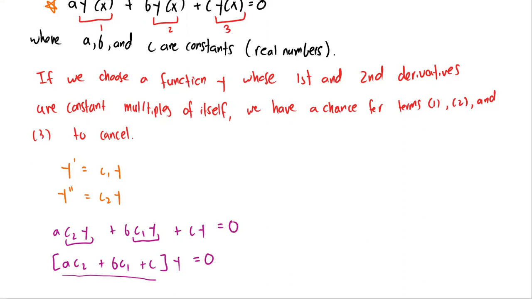If that equals 0, then we would find that whatever y we chose is a solution, because anything times 0 is 0. So that's why this approach works. That's why if we look for solutions where the first and second derivative are constant multiples of itself, then we have a chance for this solution to satisfy the differential equation, as long as these coefficients add up to 0. As long as those coefficients cancel, right? So that's the idea.